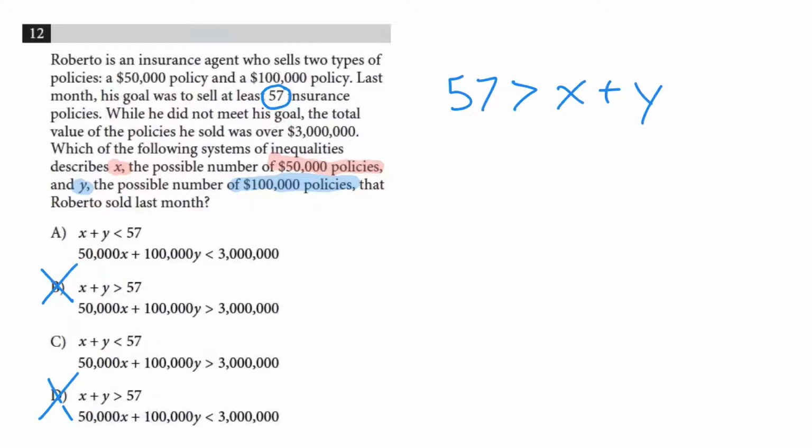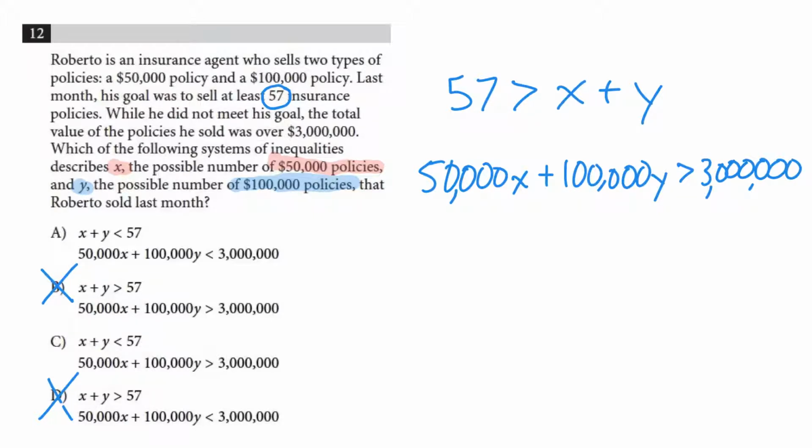All right, the second inequality is going to be the sum of the $50,000 policies, which is 50,000 times X, plus the sum of the $100,000 policies, which is 100,000 Y. We know that the total value of the policies was over 3 million, so that's greater than 3 million.